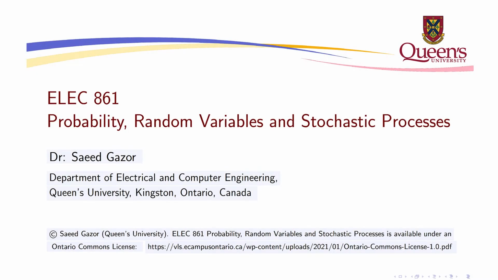In this video, we'll see that similar equations that we had for the autocorrelation function, cross-correlation function, and so on for continuous time signals, we do have them for discrete time random processes as well.